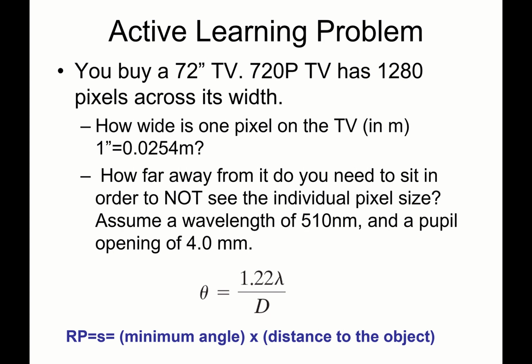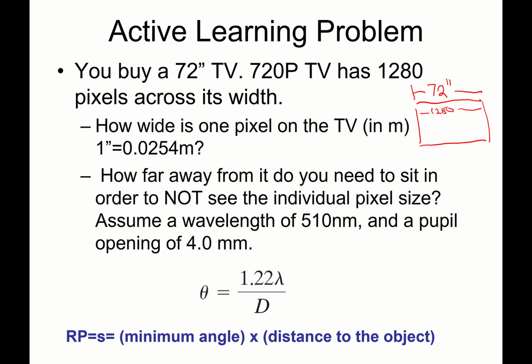So the problem that you have to do today is this one. If you buy yourself a 72-inch TV, and let's say it's a 720p, so a 720p TV has 1280 pixels across its width. We're going to assume that it's 72 inches across, and in that distance, you have 1280 pixels.